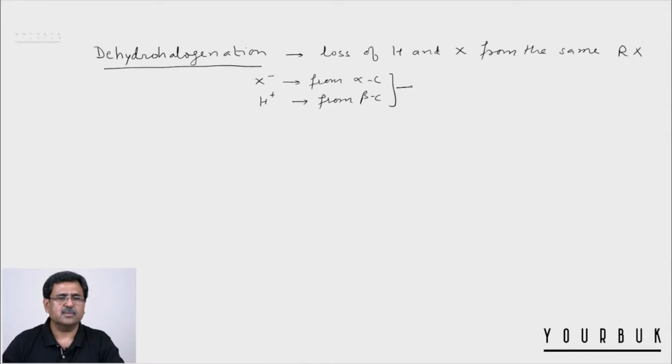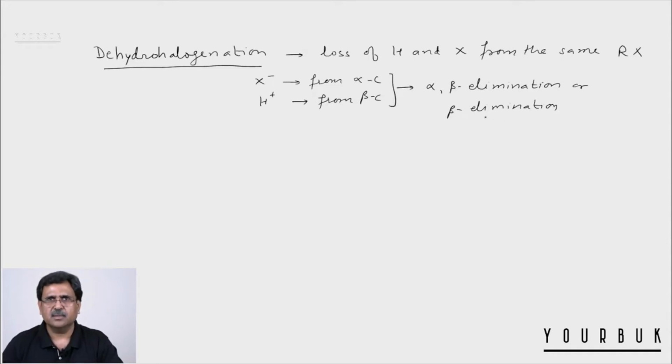So the reaction is known as alpha beta elimination, or we call it simply beta elimination. This loss of H and X results in the formation of a double bond between alpha and beta carbon atoms.